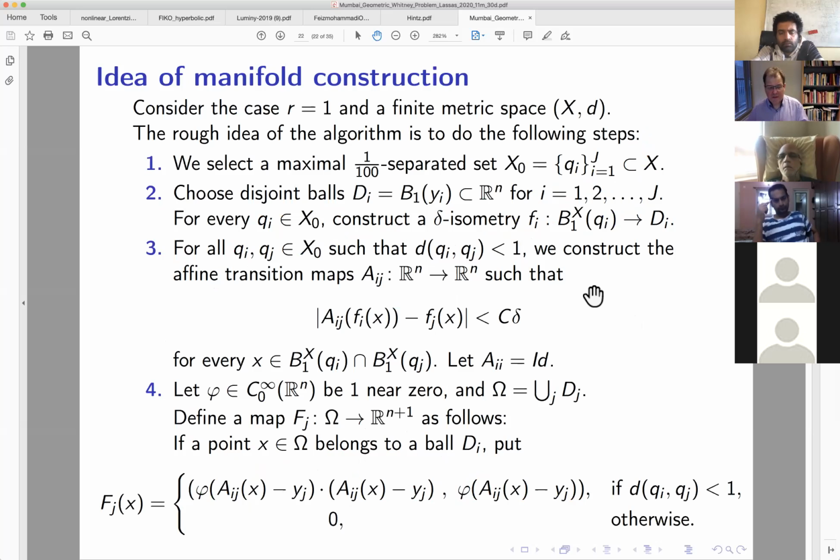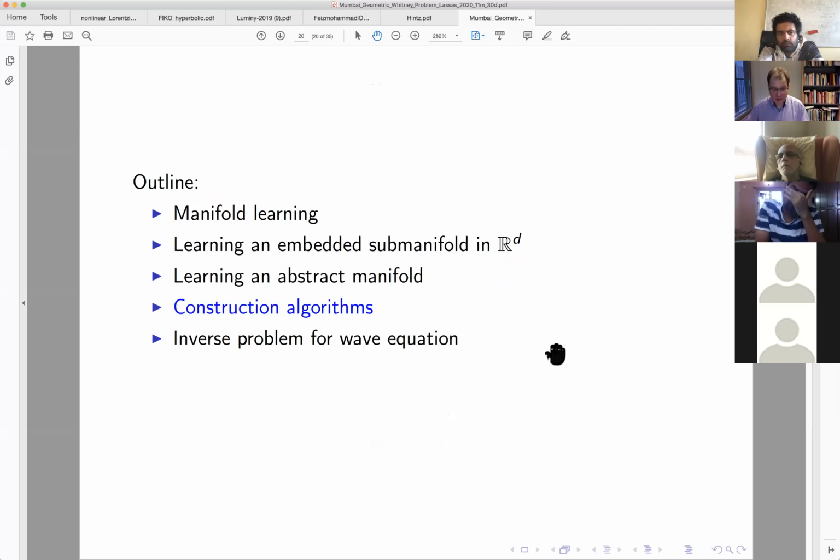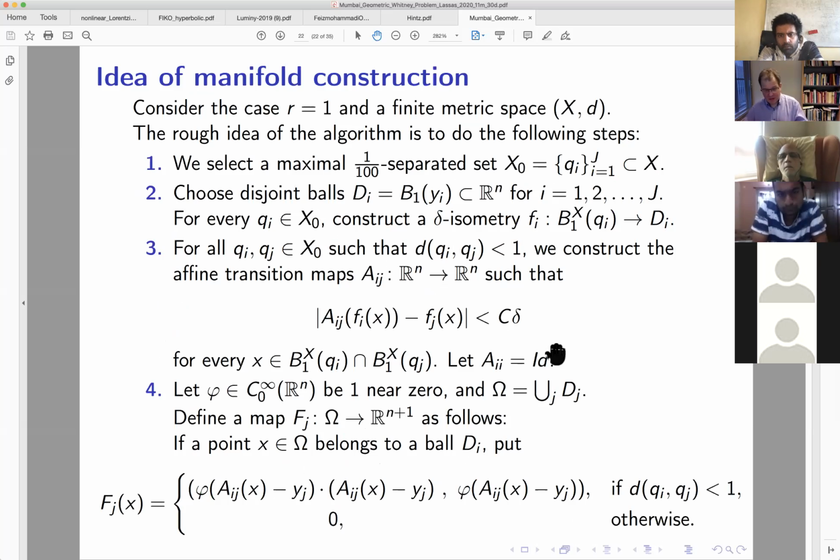So there are some affine maps so that these isometries satisfy this inequality for all points in the intersection of the balls. So here in the intersection, when we map them to the coordinate charts, we have affine transition maps between the charts. So we are building the core manifold from local coordinate charts.